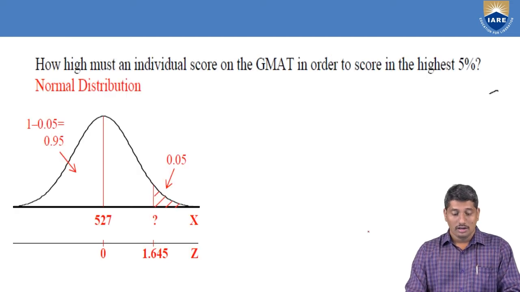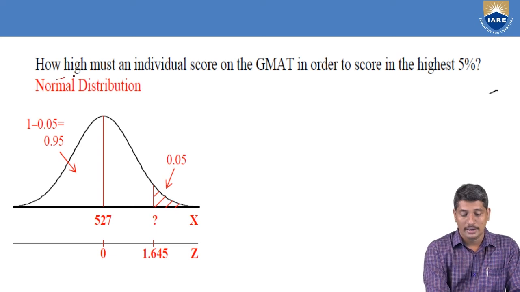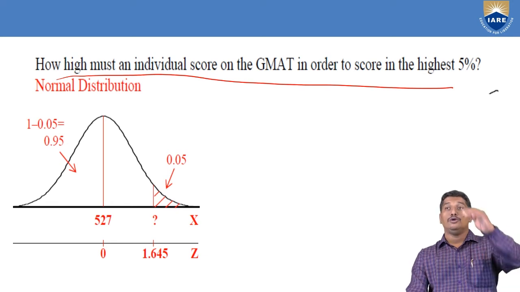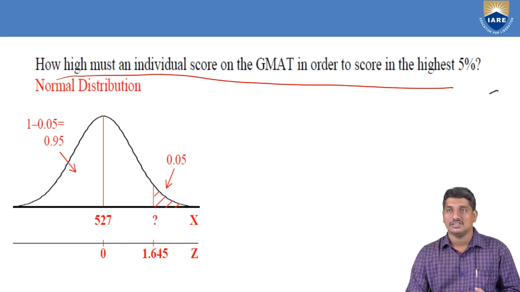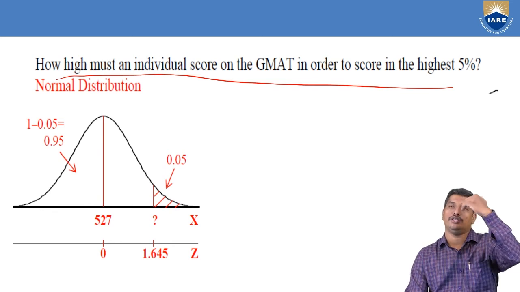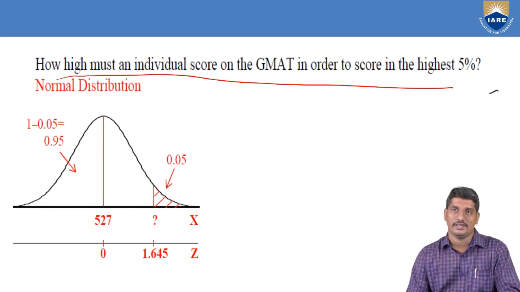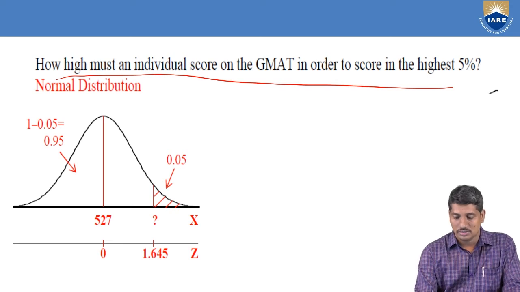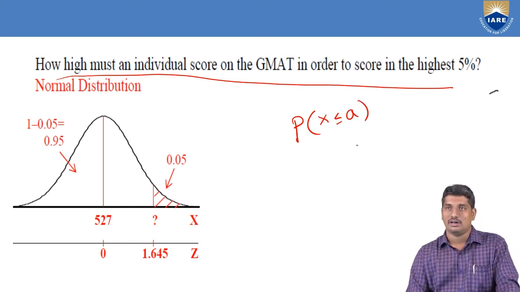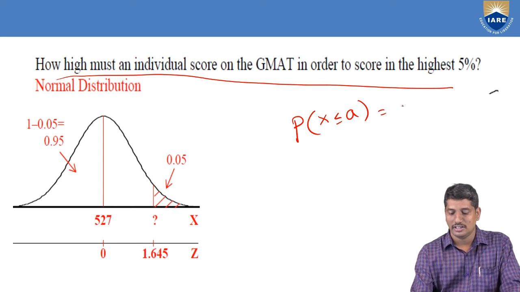In the same way, you can also calculate how high an individual must score in the GMAT in order to be in the highest 5%. To stay in the top 5% of toppers, what is the minimum marks you need to get? So you have to find x greater than or equal to some a, that is the minimum cutoff, so that you will stand in the top 5%.